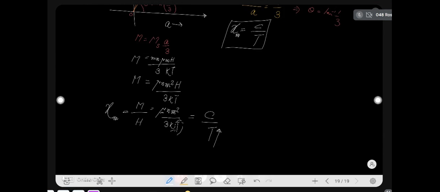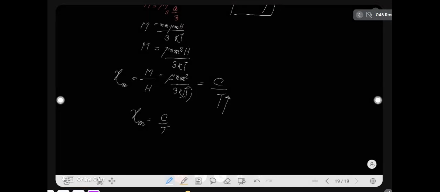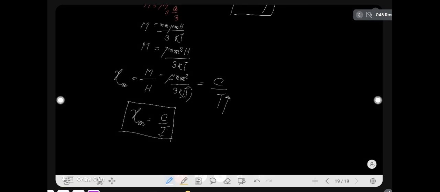The magnetic dipoles will get disoriented and the paramagnetic system will again turn out to be non-magnetic. So this is the condition that chi m, the magnetic susceptibility, is completely dependent upon the Curie constant divided by temperature T. T is the most important external factor.